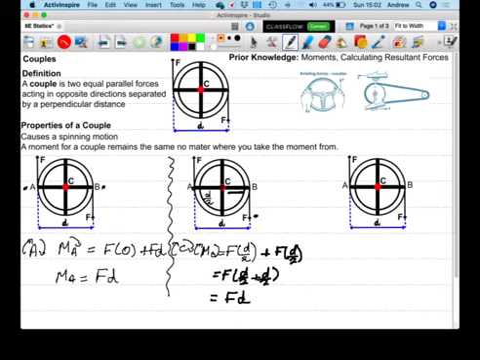Now, let's pick an arbitrary point over here. Let's call it E. We're going to take moments about the point E, in the clockwise direction. I'm looking at my first force F, and I want to get the line of action of the force, so I track F back.